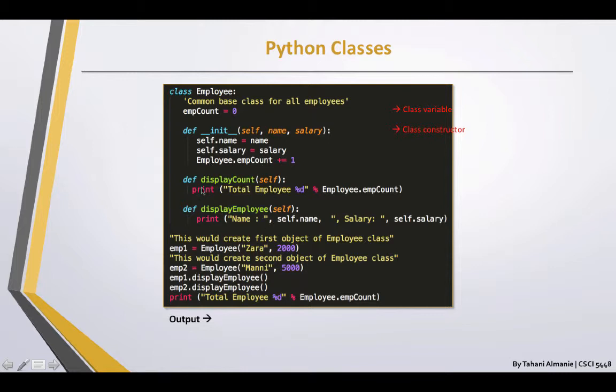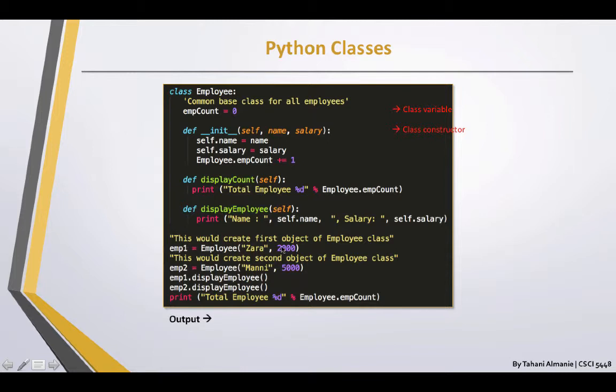Then you declare the other class methods like any other function in Python, with the exception that the first argument to each method is self. Self is a reference to the instantiated object, and you don't need to include it when you call the methods. It's similar to the keyword this in Java and C++.